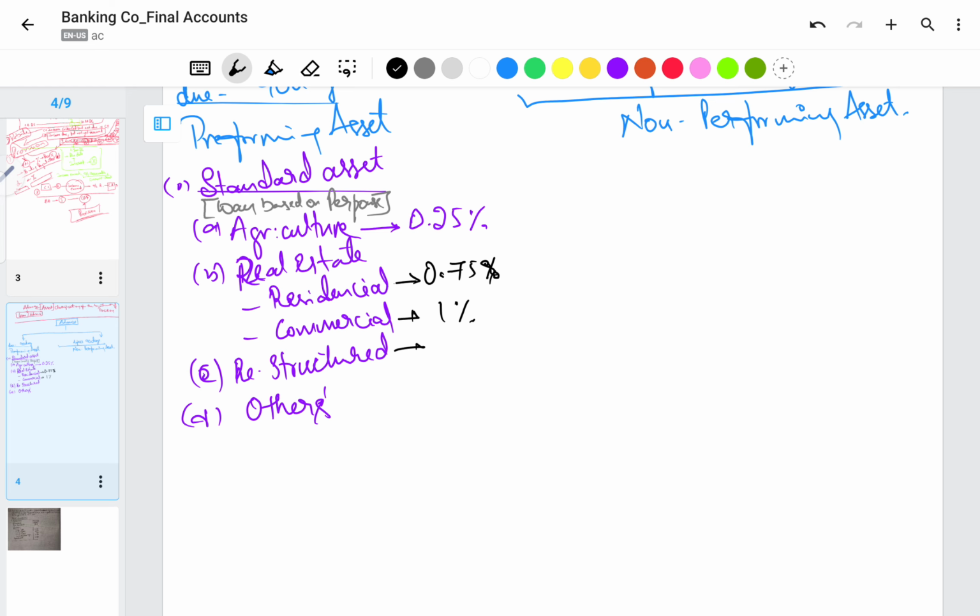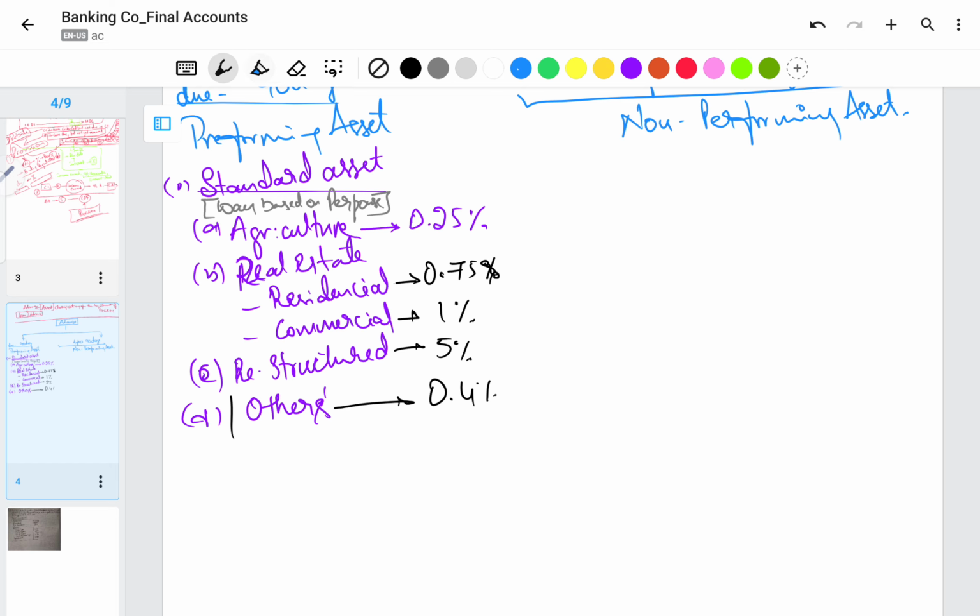Restructured means the client, before he was NPA, non-performing asset, was not prompt in paying loans, but now he is paying promptly. But this time he again defaulted on the payment. Then provide 5%. If it is others, then 0.4%. If nothing is specified, then we consider it as others. Clear?